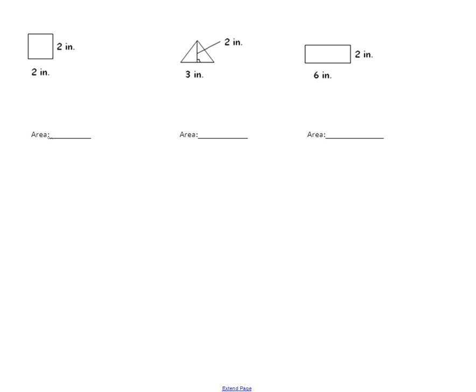So the very first thing we're going to do is let's start off nice and easy. And we're actually going to add a couple lines in here, so we can find the perimeter of our triangle too.